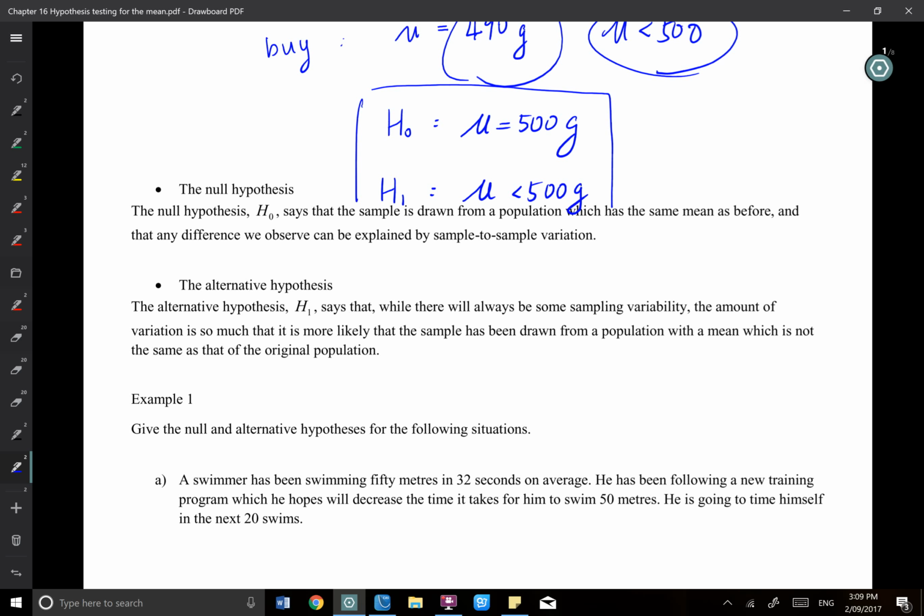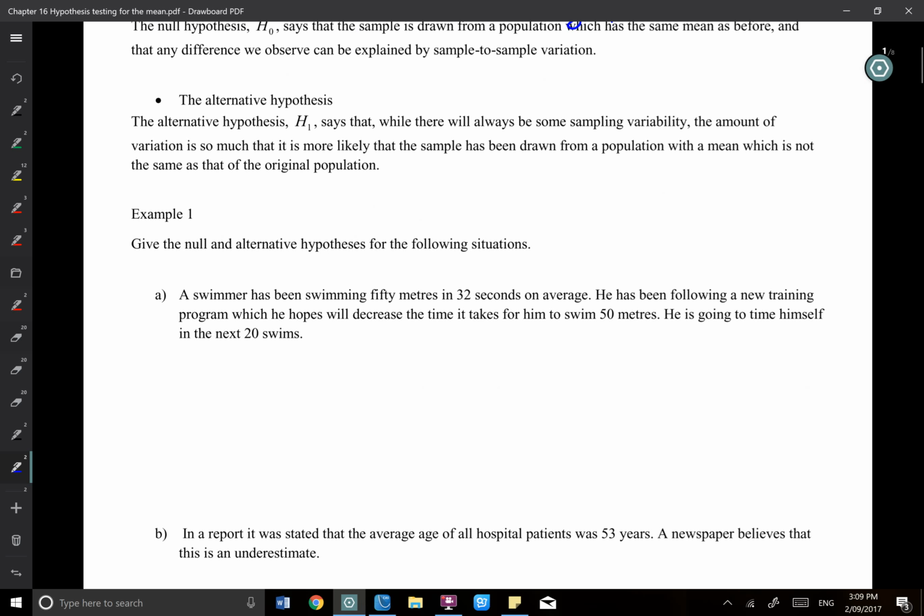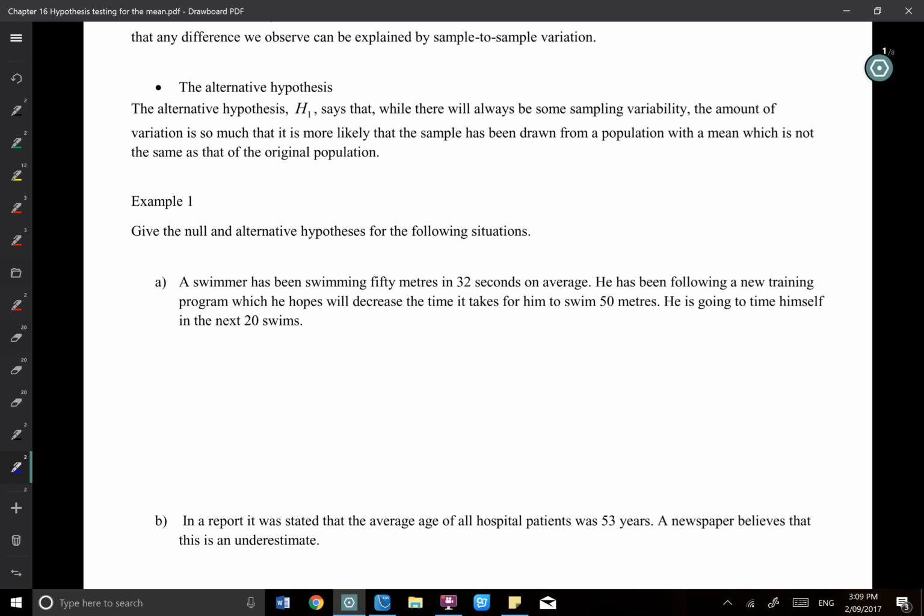Okay. So, example 1. Give the null and alternative hypothesis for the following situation. Have to think about that. A swimmer has been swimming 50 meters in 32 seconds on average.